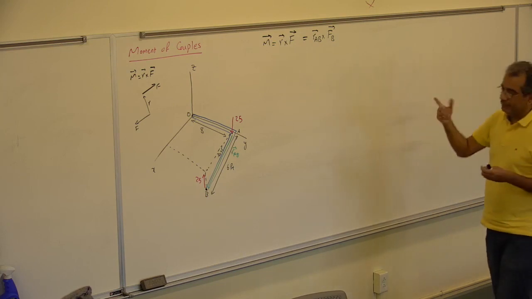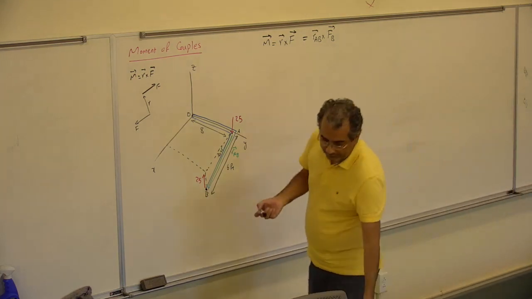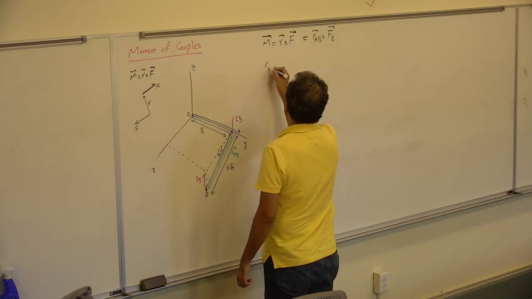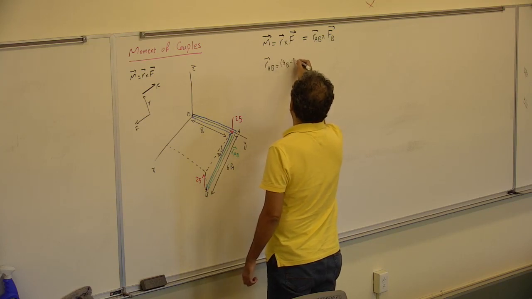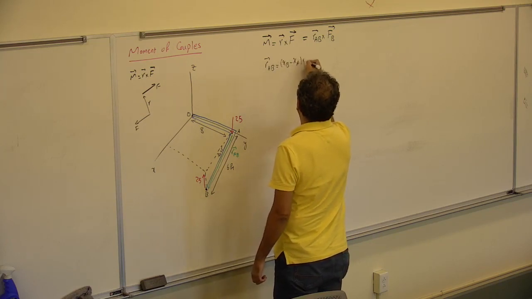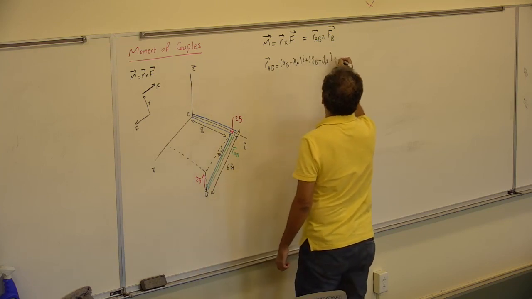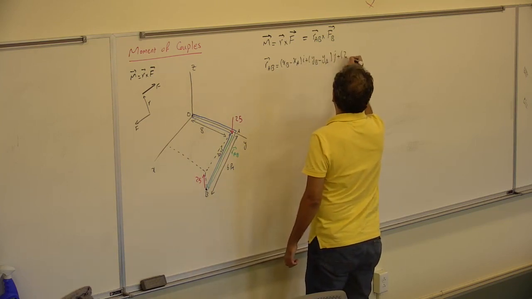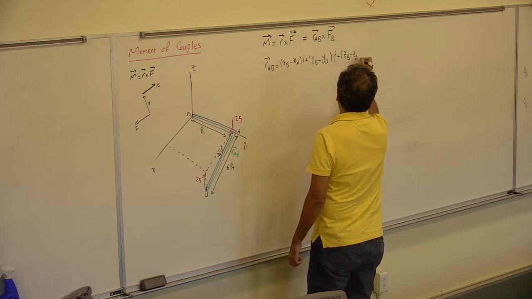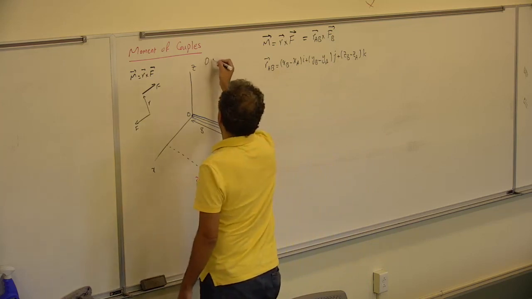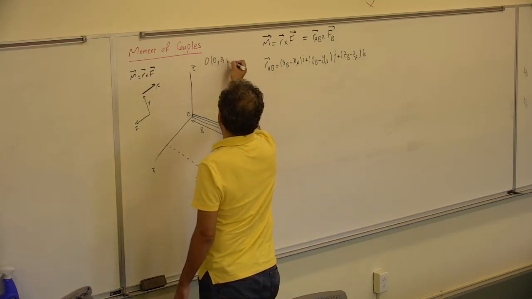So I have to find these two. First of all, I have to find the R_AB. So the R_AB is the second minus the first one: (xB minus xA) i plus (yB minus yA) j plus (zB minus zA) k. So here, I know O is 0, 0, 0.